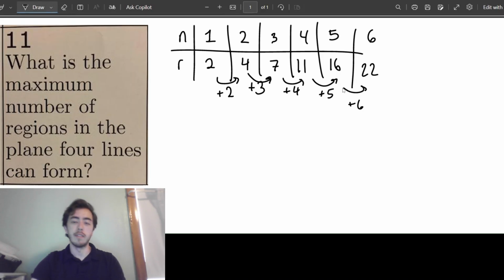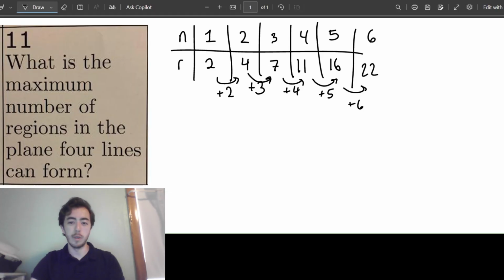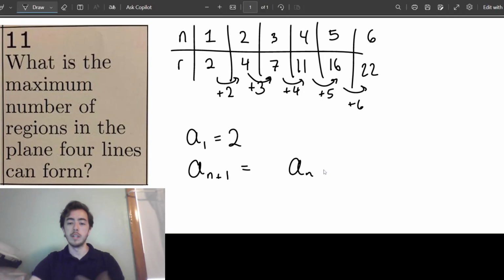Based on the geometry and on not wanting to get parallel lines and not wanting to intersect existing points, this seems like the recursive relationship that I'm seeing. Essentially, we have, let's say, a sub 1 is equal to 2. I'm using recursive notation right now. And then to get to the next step, we'll say a sub n plus 1 is equal to some kind of function based on the previous step.